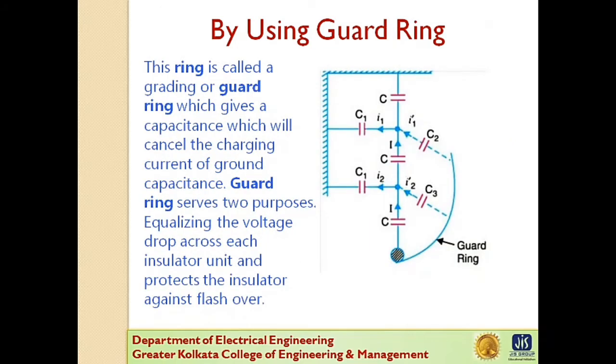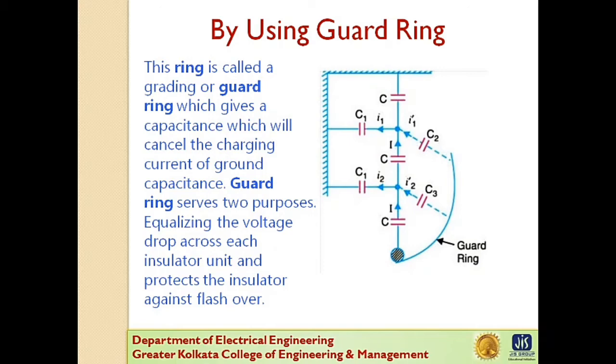The last method is using a guard ring. The potential across each unit in a string can be equalized by using a guard ring. A guard ring is a metal ring connected to the conductor and surrounding the bottom of the insulator. The guard ring introduces a capacitance between the metal fittings and the line conductor.